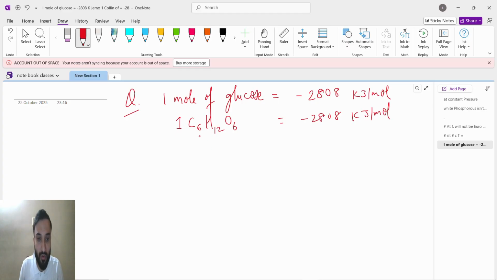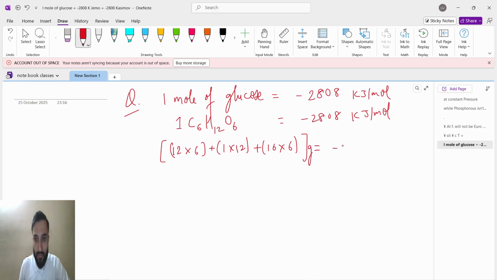We'll find the molecular mass, the formula mass. Carbon is 12 into 6 plus hydrogen atomic mass 1 into 12 plus oxygen atomic mass 16 into 6. So this much we'll get in gram, which equals this much kilojoule per mole.